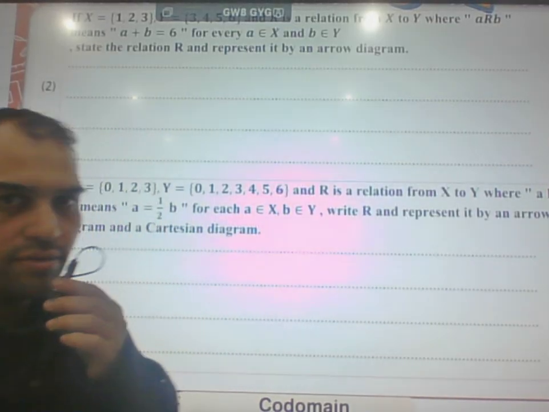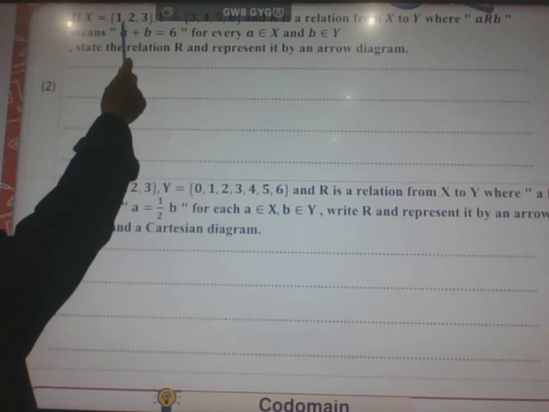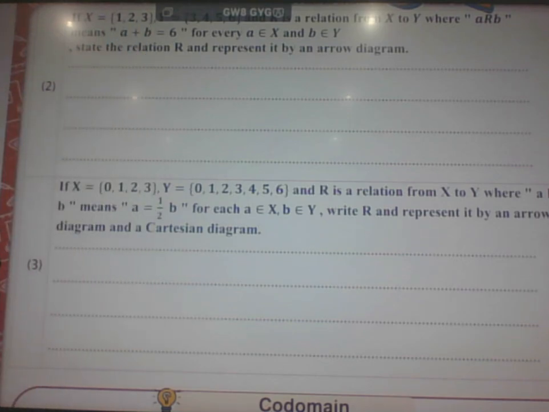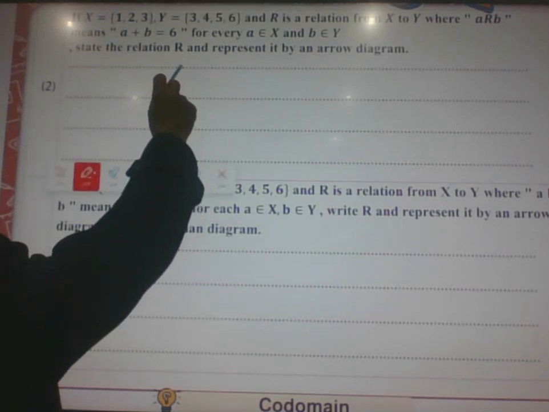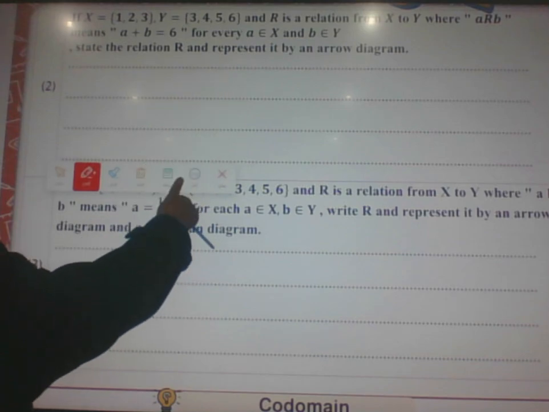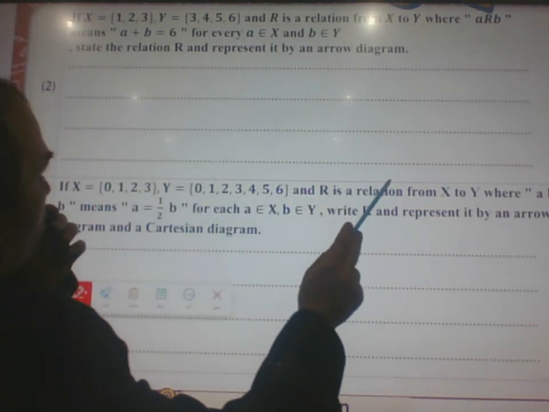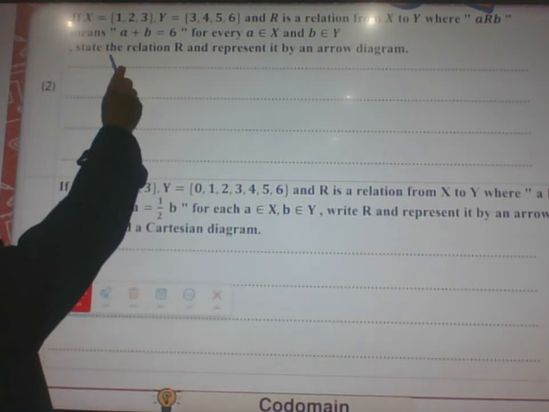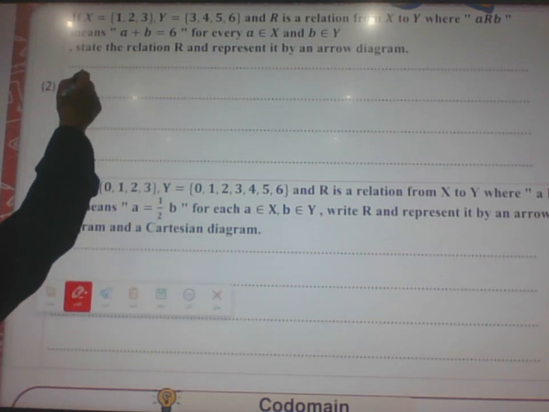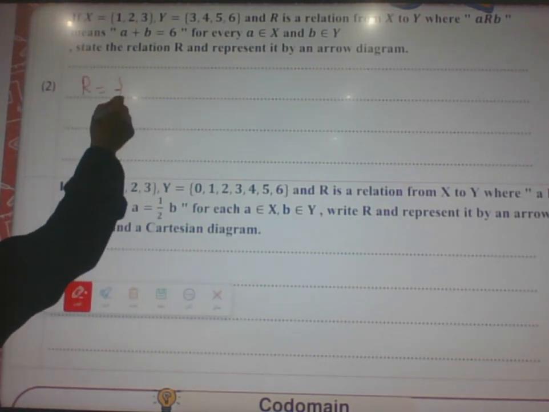Next question. Now we will solve this. If X equals the set {1, 2, 3}, and Y equals {3, 4, 5, 6}, and the relation between X and Y is where a is related to b means a plus b equals 6. Then we can find the relation here, right?